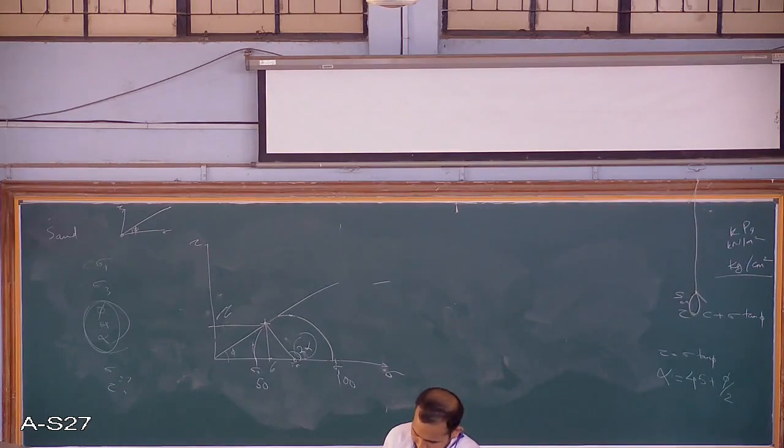Okay, the next problem we have here is of UCS and triaxial. Okay, so the variety of problems in this book is solved. The variety is over for the direct shear test.